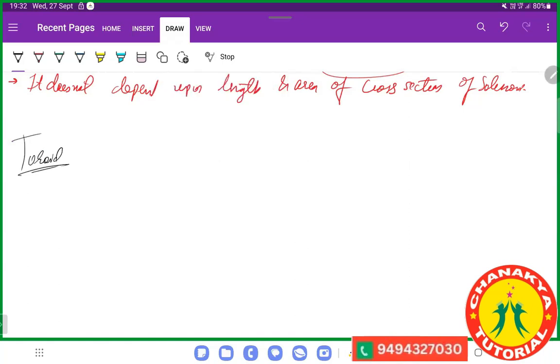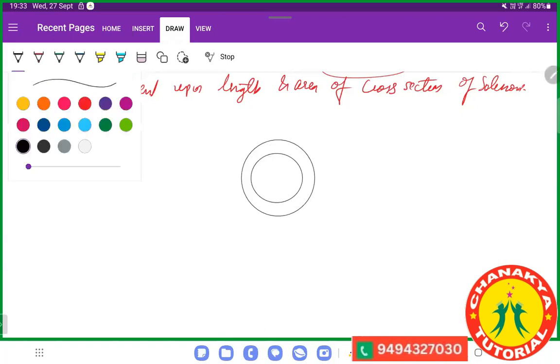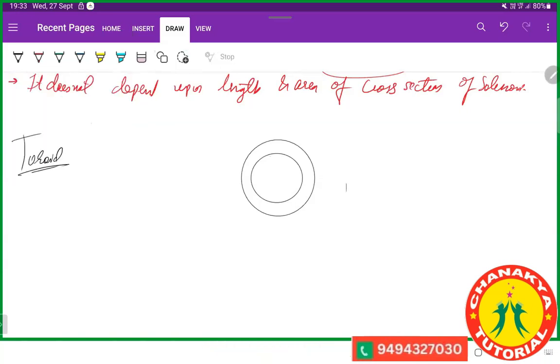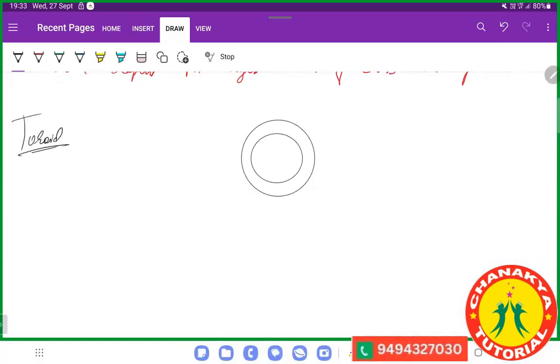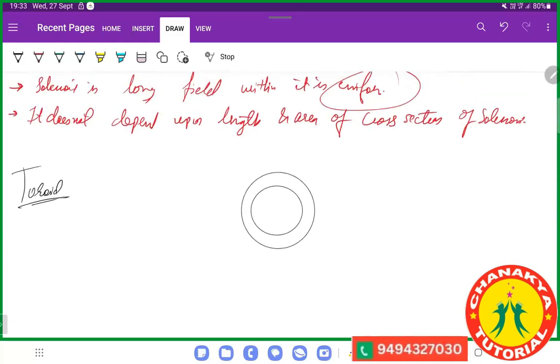If I draw it like here, if I start from here, this one, current entering.